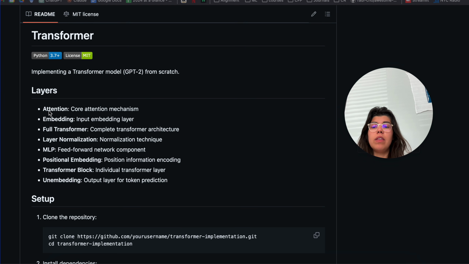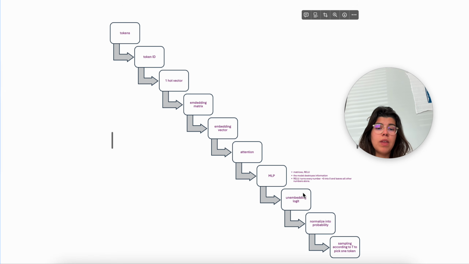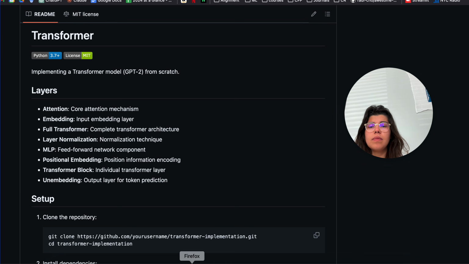The layers are the attention, the embedding, the MLP, the transformer block, the unembedding, and like I showed you before, this becomes the MLP, the unembedding, remember here, and this becomes normalized, and the model is able to extract the probability that this token will appear next, and the token with the highest probability is the predicted token at the end.